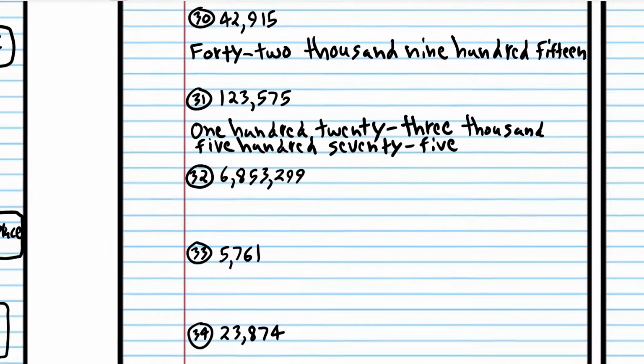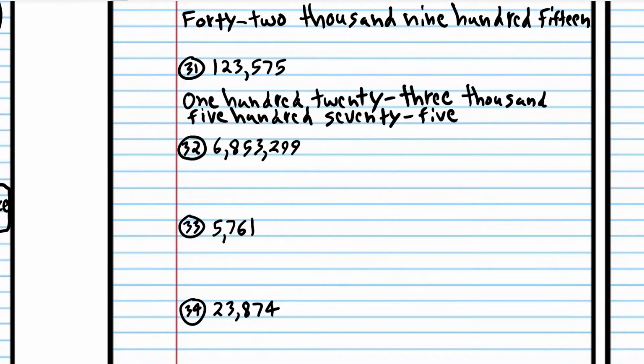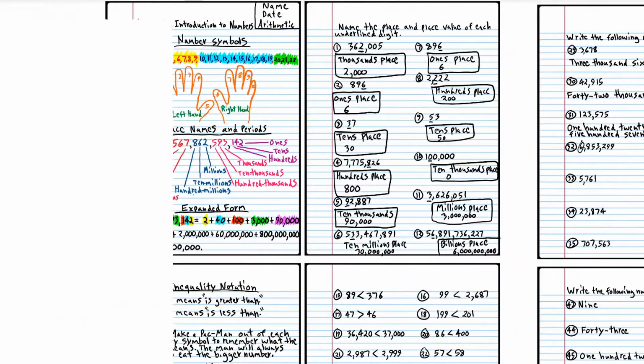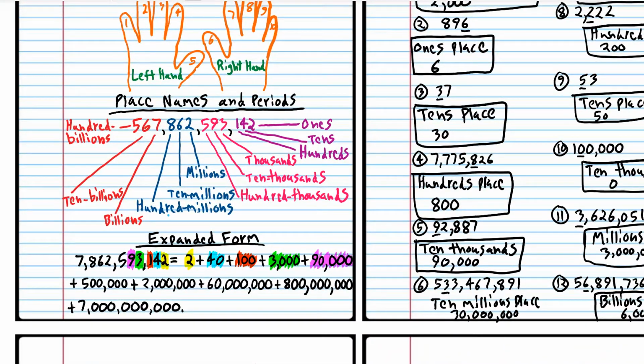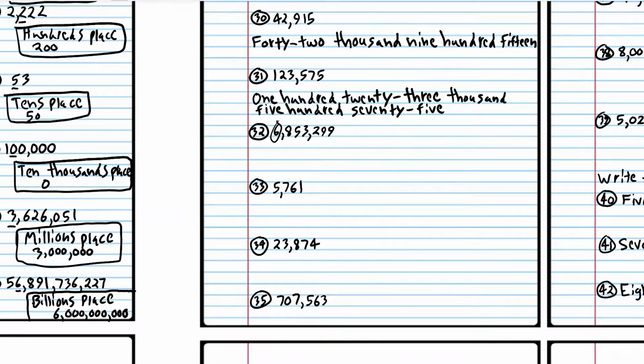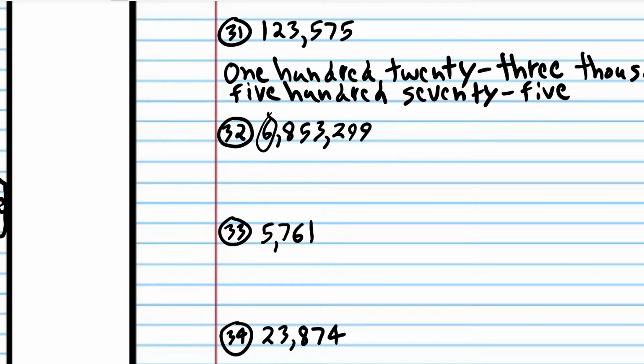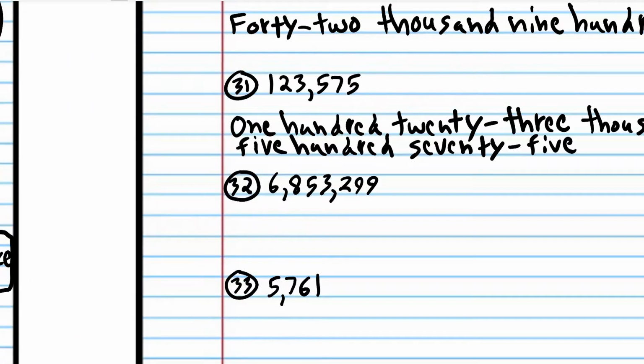All right. So now we have a really big number. Look at this number. If you look at your place value chart, the number farthest to the left is the millions place. So how many millions? It's 6 million because there's a 6.